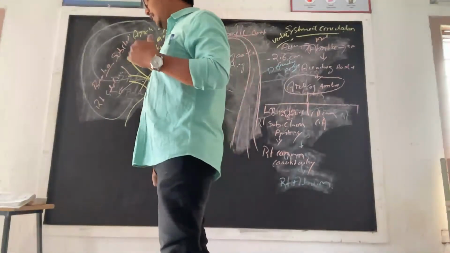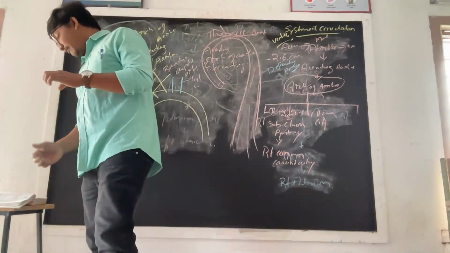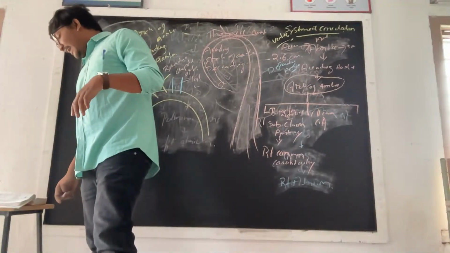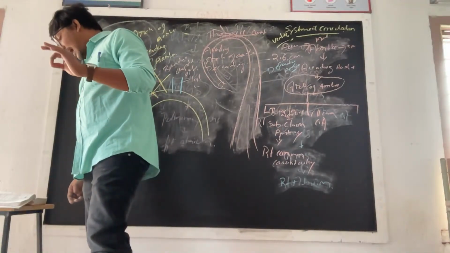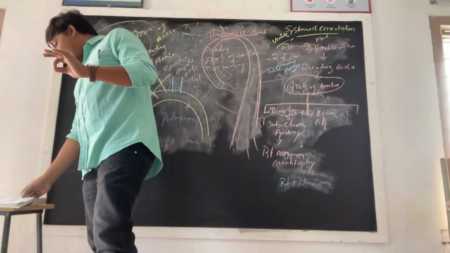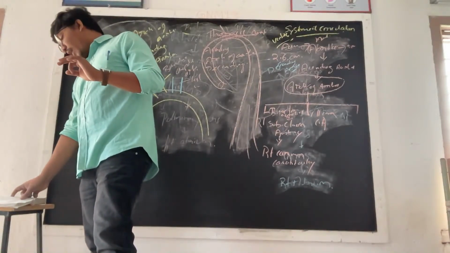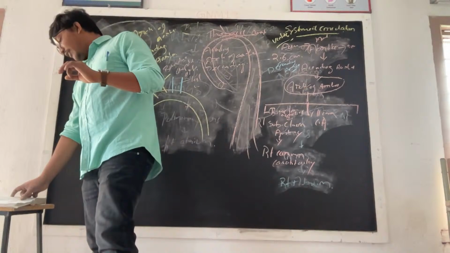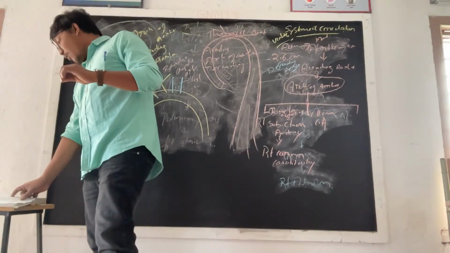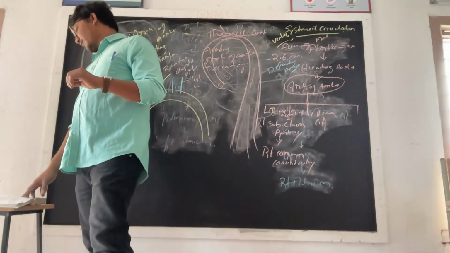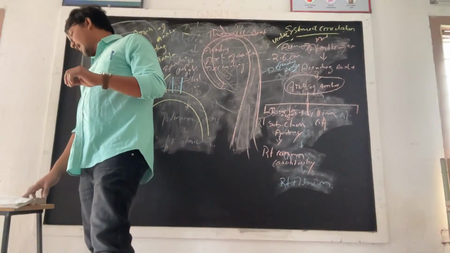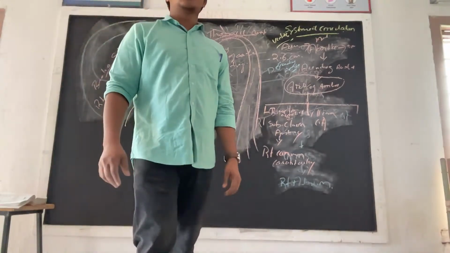Now listen to me carefully. The right and left coronary arteries are its only branches that arise from the aorta just above the level of aortic valve.